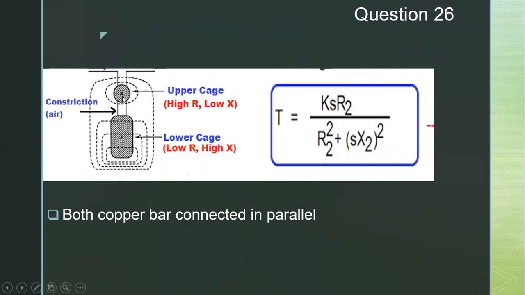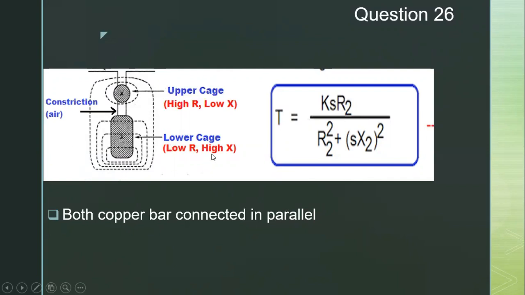Both copper bars are short circuited at both ends and connected in parallel. So both copper bars connected in parallel is our answer. Torque is proportional to s into r2 divided by the rest of the expression, so you have to increase the rotor resistance to increase the starting torque.